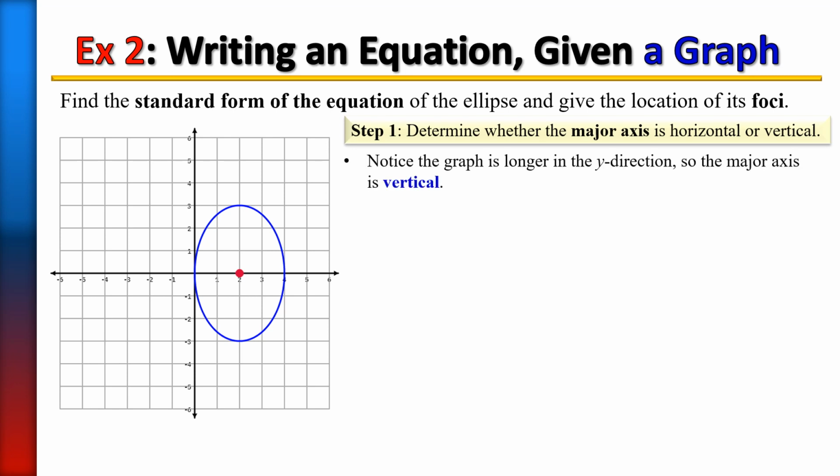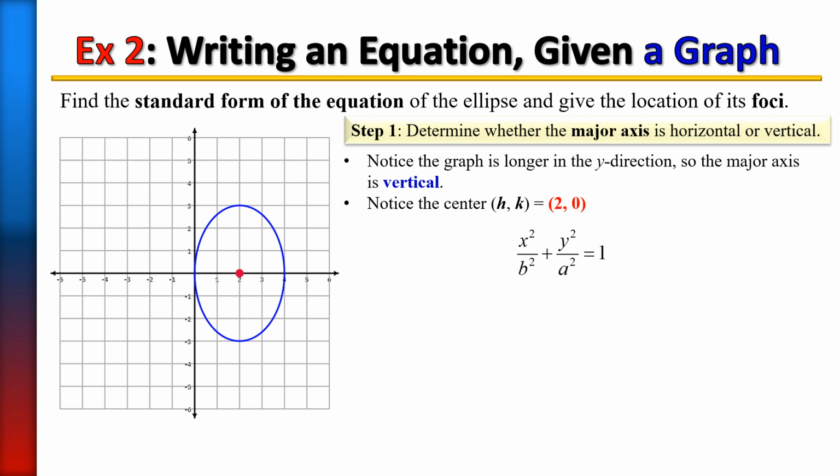So again, because it's longer in the y direction, the major axis is vertical, and we also know that when we write it in that form, under the y squared term is where you're going to have the greater number. Now notice in this particular ellipse, they gave us the center. The center was located at 2, 0.